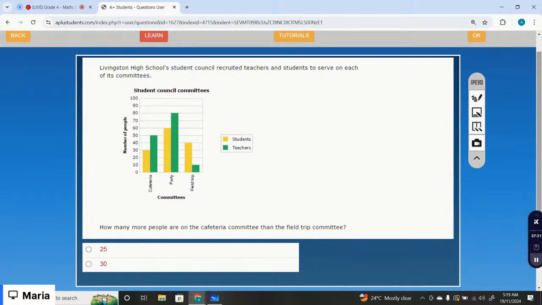How many people are on the cafeteria committee than field trip? 80 and 50. 30 more. Option number 2 is the correct option.